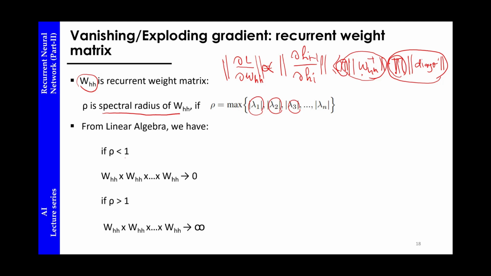If you have a spectral radius less than 1 and multiply WHH by itself multiple times, we will move towards 0. And if you have a spectral radius greater than 1 and multiply WHH by itself multiple times, we will move toward a big number or infinity.